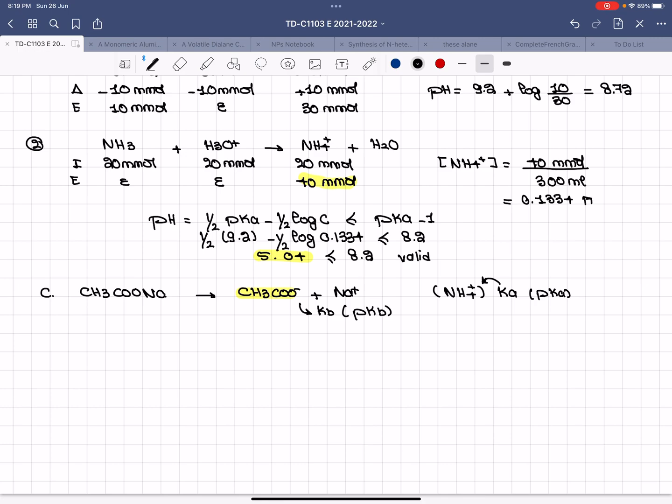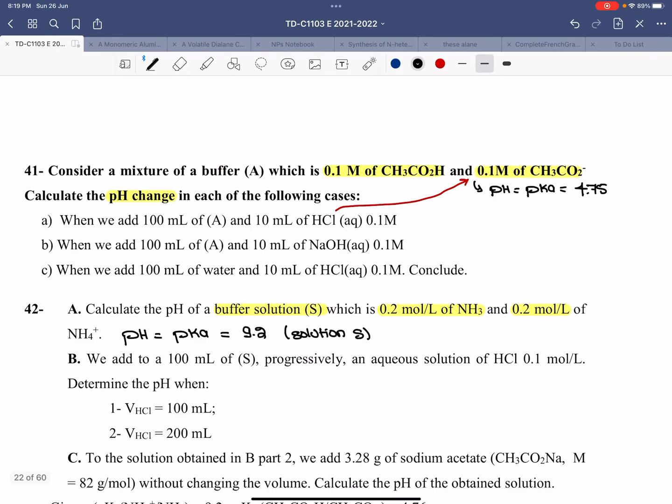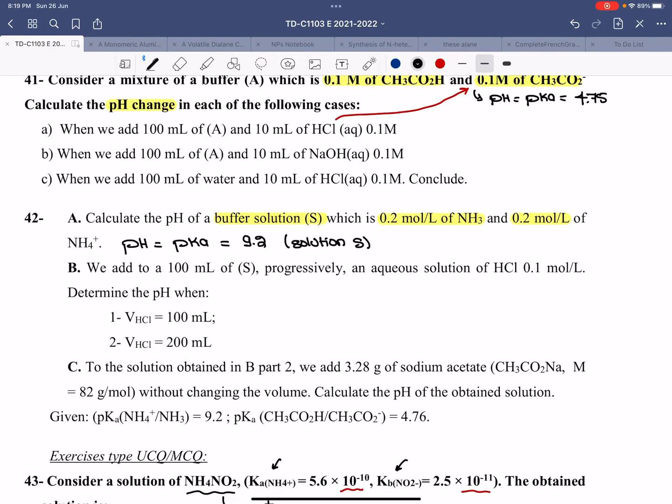But first, let's check the concentration. So what is the concentration of CH3COO-? It's basically mass divided by molar mass times the volume. So let's go back to the given just to check. The mass is 3.28, molar mass is 82, and the volume, which is 100 plus 200, that's 300.